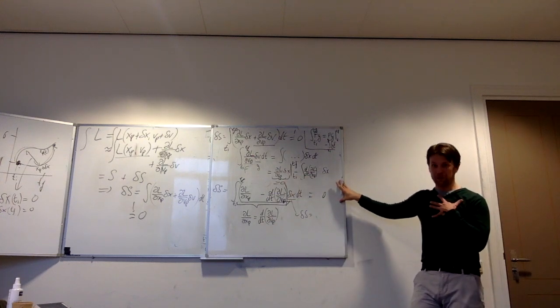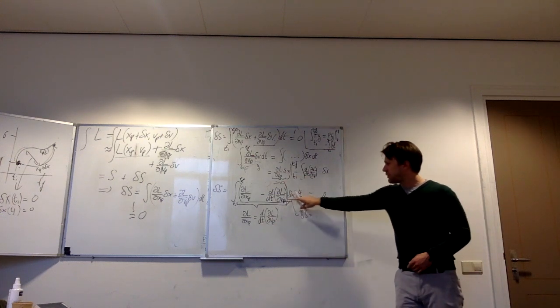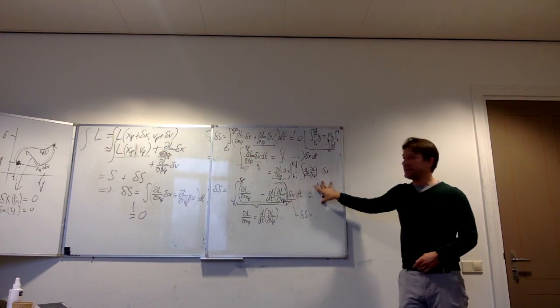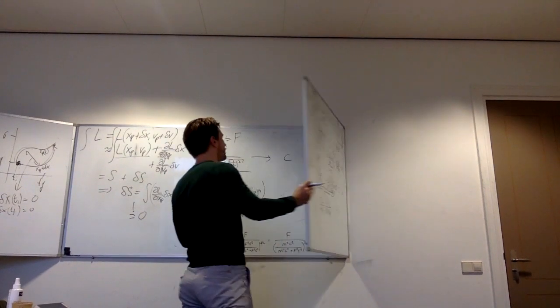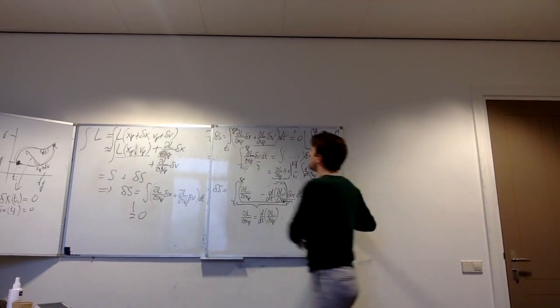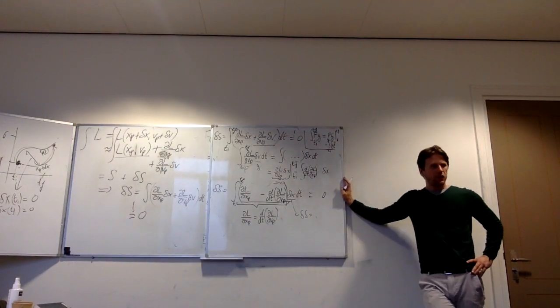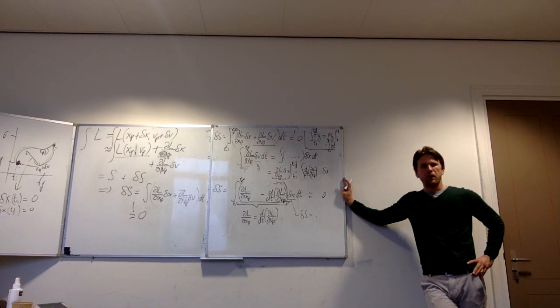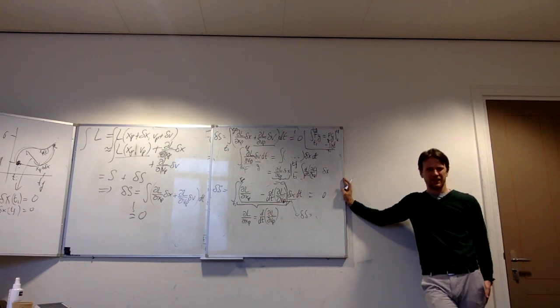That doesn't surprise me though, because saying that your delta x is 0 to make this 0 just means that, let's see here, nope. Remember that you got your delta s by saying that you are not at your optimal path, not the path that nature takes. But if you're going to say that delta x is 0, that's just the same thing as saying that you are already at the optimal path, then obviously delta s is going to be 0. So it's sort of a tautology, right?